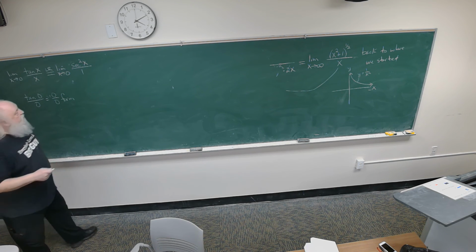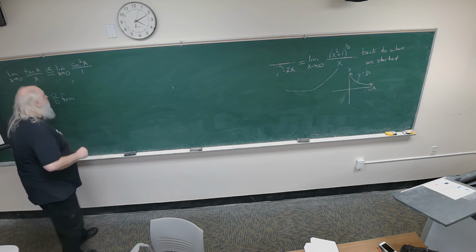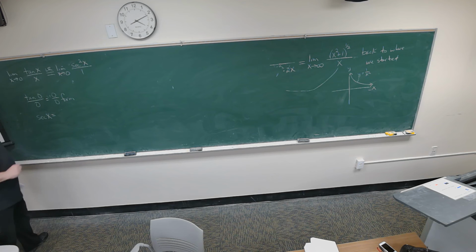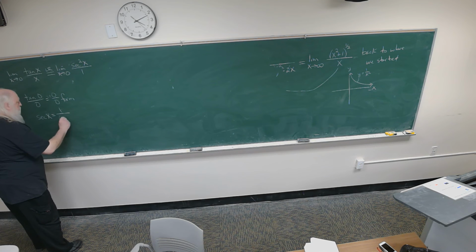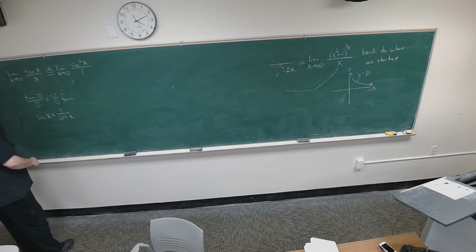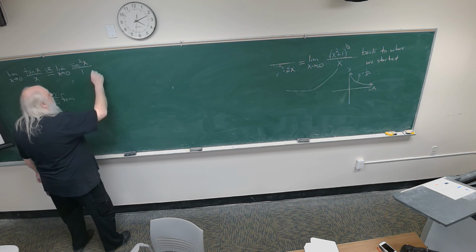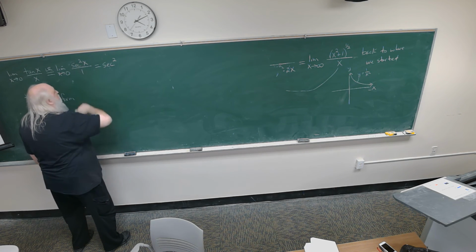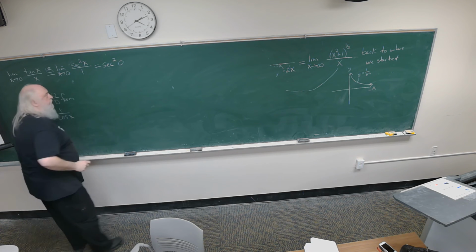Okay. Now, riddle me this, ladies and gentlemen. Secant x is the reciprocal of what trig function? It's equal to 1 over what? Cosine x, right? So, as x approaches 0, we do the direct substitution, secant x squared approaches secant 0 squared.